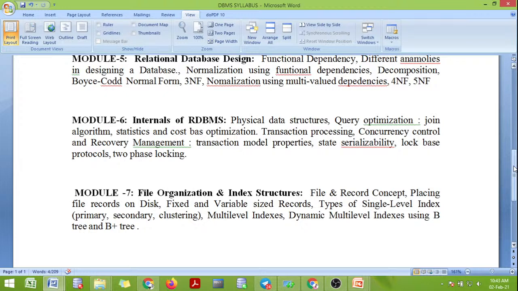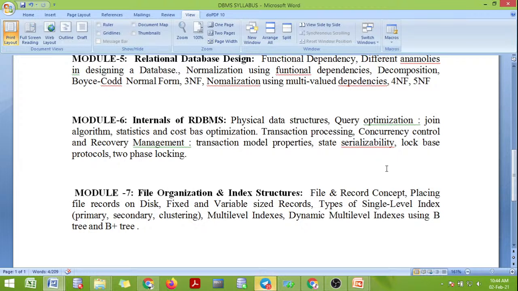In that scenario, how does the database handle the situation, when the transaction is not properly completed but the transaction processing message has already been generated? We need a backup mechanism to revert such a transaction. Okay, got my point? These are the main points of the internals of the RDBMS in module number 6. In module 6, we are going to discuss all these things.